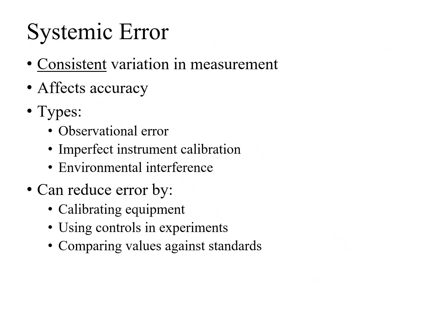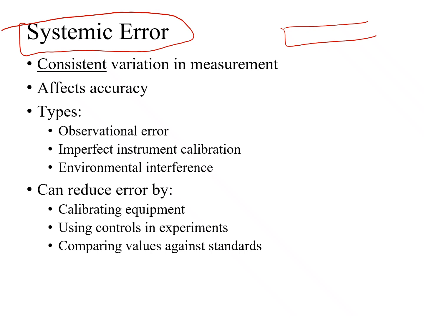There is another type of error as well, which is systematic error. Systematic error is unidirectional. For instance, if there is some kind of offset, say a vernier caliper that always has a 0.1 millimeter offset, then this error will always be there. That's called systematic error.